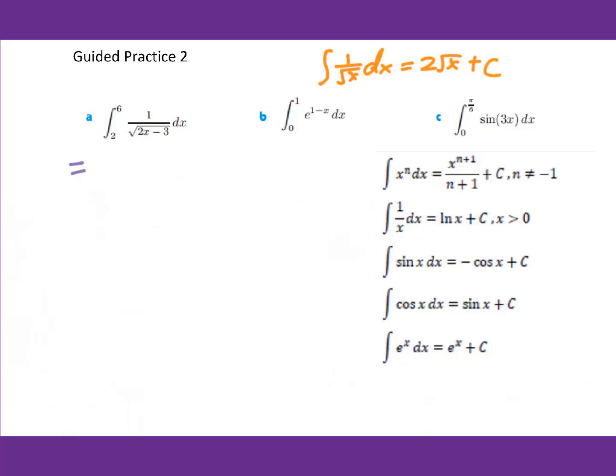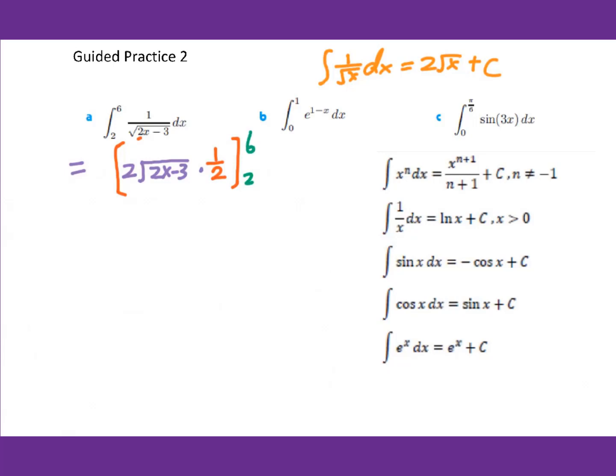Therefore, you will get 2 square root of 2x minus 3. Don't forget to multiply by this 1 over a, that is 1 over 2. Then bracket from 2 to 6.